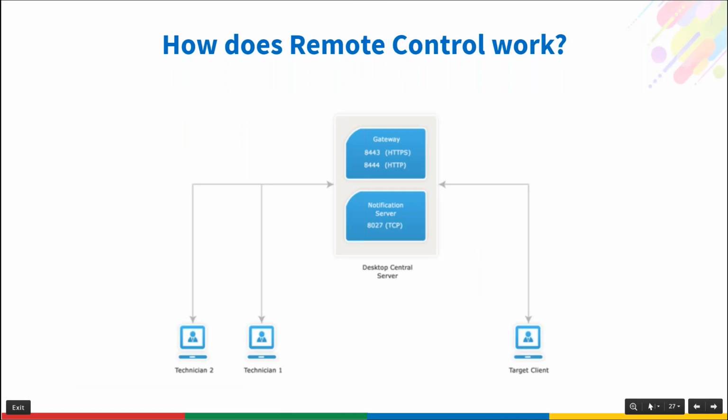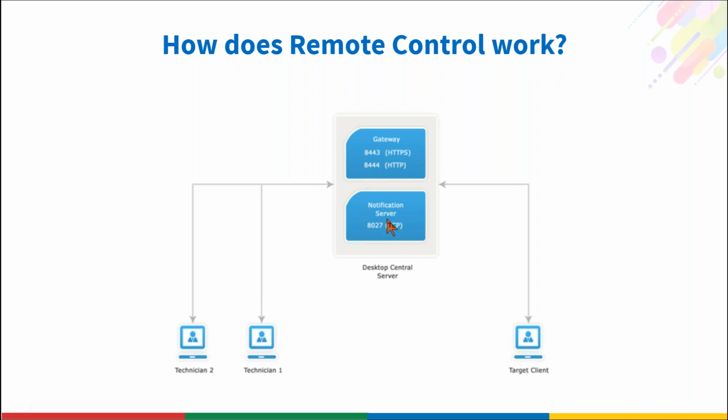Here's the architecture diagram of remote control. Technician 1 logs into the Desktop Central server using his account, searches for Bob's computer and clicks connect. This request is sent to the Desktop Central server, which has two components involved, the gateway component and the notification server component.